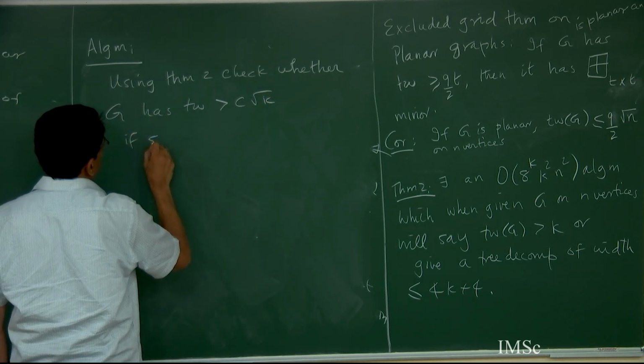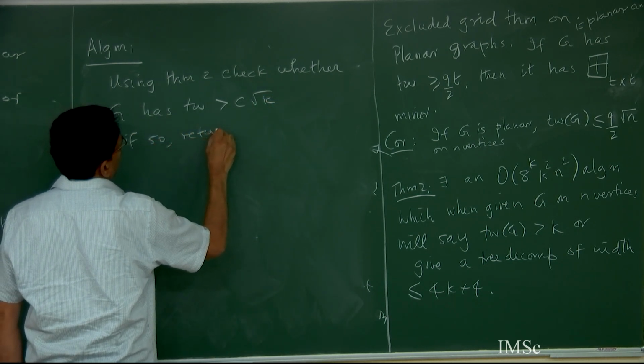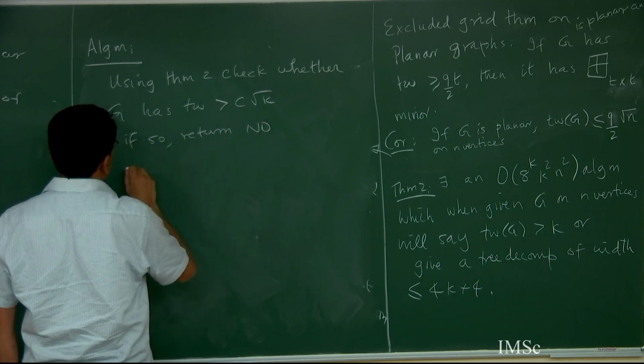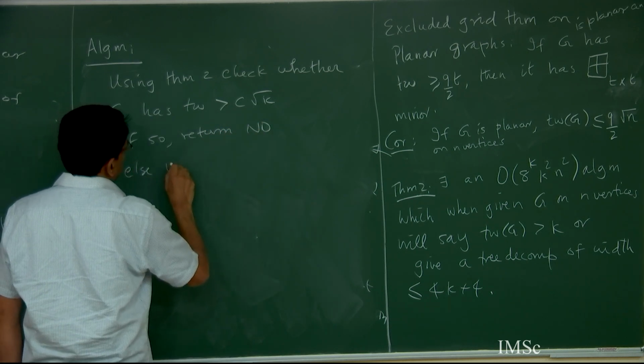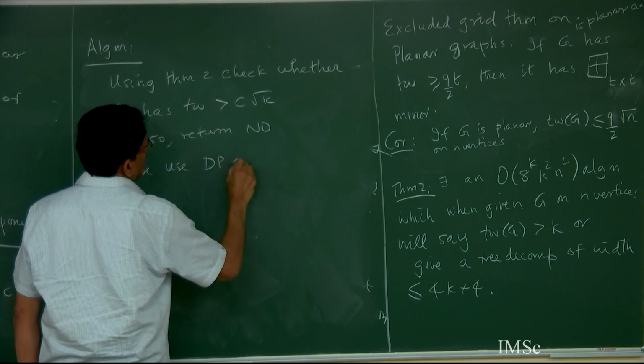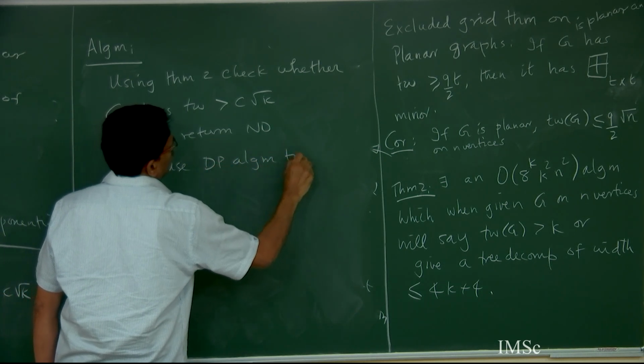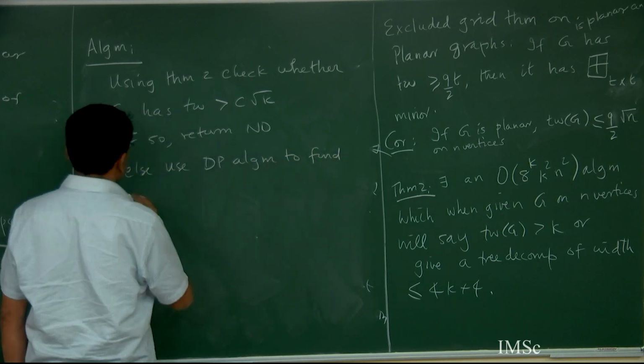If so, return no. Else, use the DP algorithm to find the minimum solution.